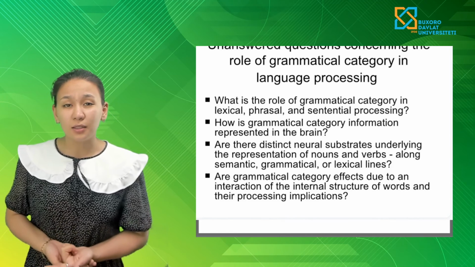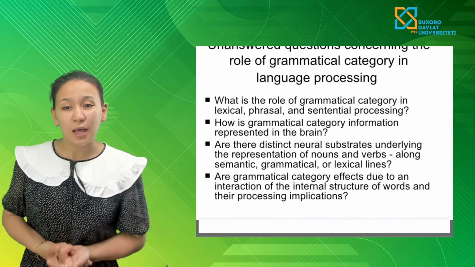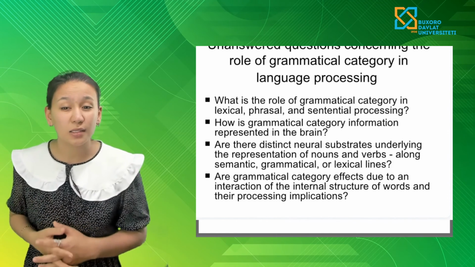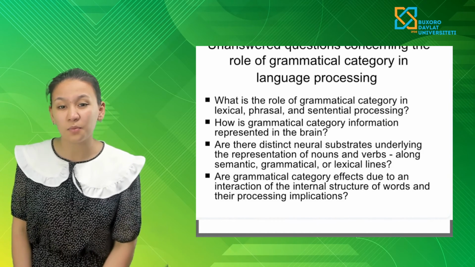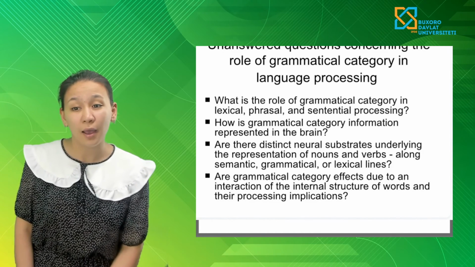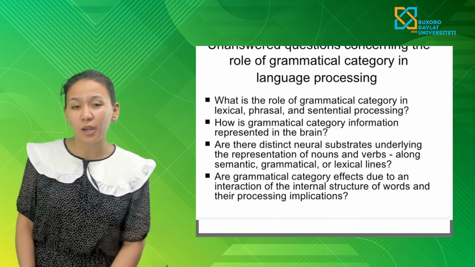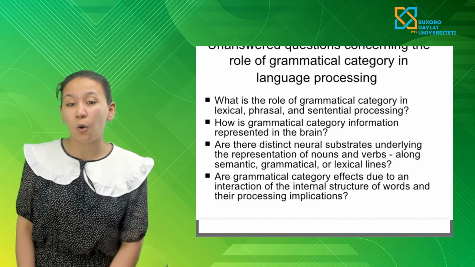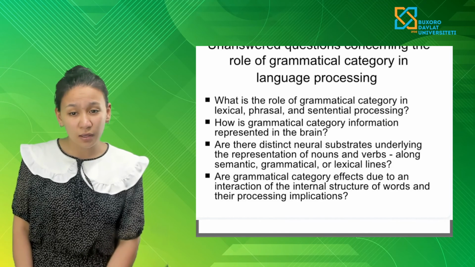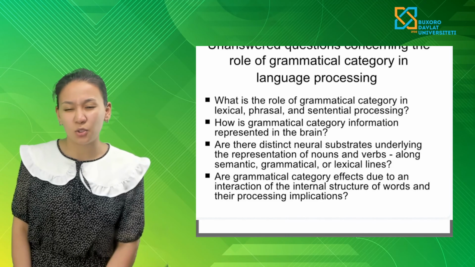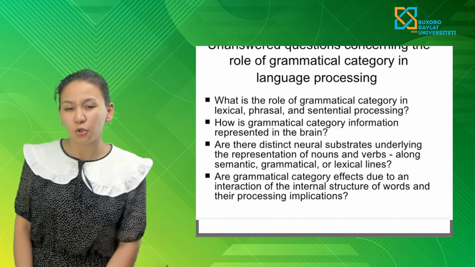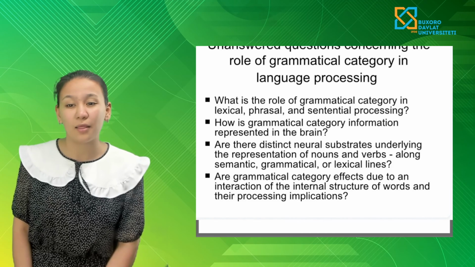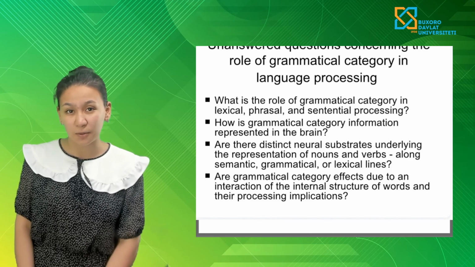How is grammatical category information represented in the brain? Are there distinct neural substrates underlying the representation of nouns or verbs along semantic, grammatical, or lexical lines? Is grammatical category affected by an interaction of the internal structure of words and their processing implications?